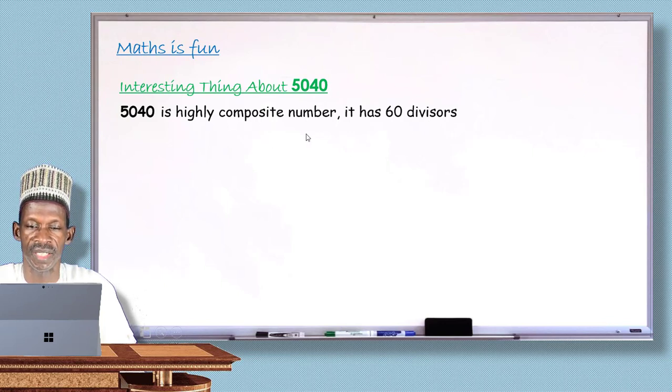This very number has about 60 divisors, that is about 60 factors, and no other number smaller than this has as many as 60 factors or 60 divisors. So 5040 is highly composite. If you like, you can try to see what are those factors of 5040. I believe if you count them, it will give you about 60 if you did it correctly.